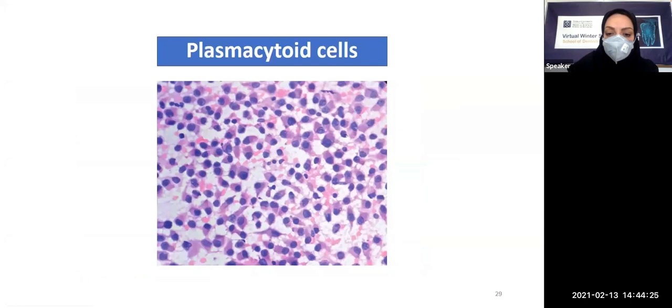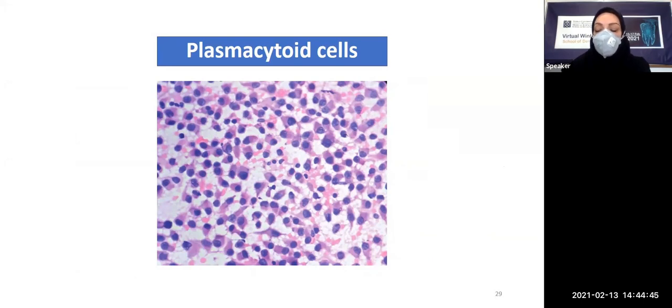These are another feature of the lesion. These are plasmacytoid cells. Originally, they are myoepithelial cells that look like plasma cells. As you can see, there is an oval cytoplasm and a laterally located nucleus.